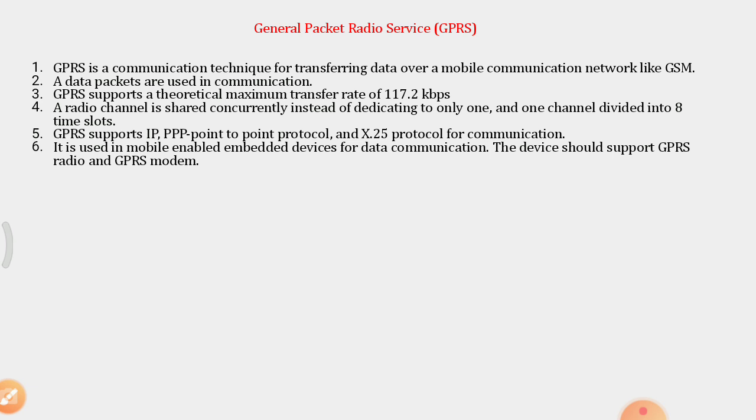GPRS supports IP, Internet Protocol, PPP, the Point-to-Point Protocol, and the X.25 protocol for communication. It is used in mobile-enabled embedded devices for data communication, and the device should support a GPRS radio and GPRS modem.